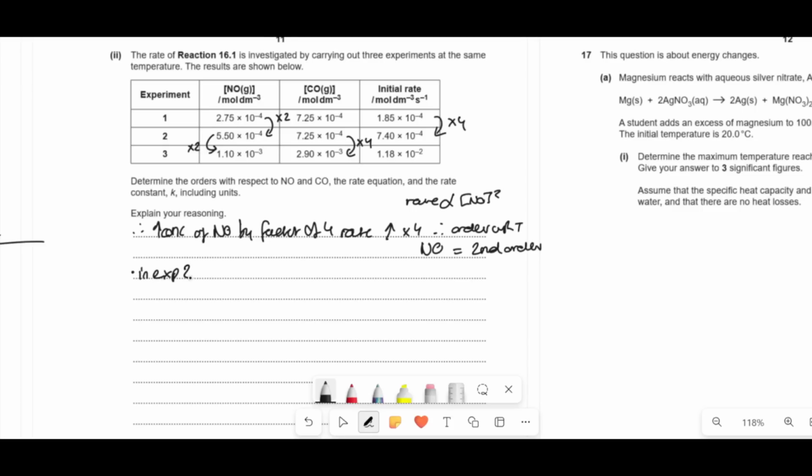In experiments 2 and 3, we're doubling, so NO is times 2. Therefore, the rate should also go up by a factor of 4, because we just figured that one out, right? So if we compare what happens with the rate, 1.18 times 10 to the minus 2 divided by 7.40 times 10 to the minus 4 gives it's gone up by times 15.9 and so on, which is like times 16 essentially.